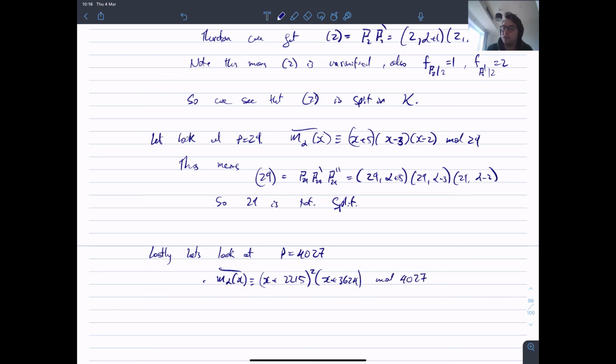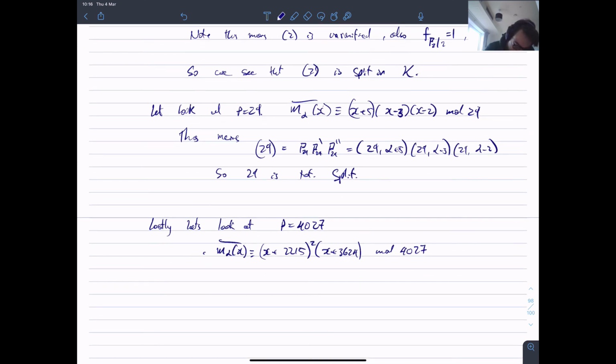So we get that the ideal 4027 factors with a number always at the start: 4027 and alpha plus 2215, squared, and 4027 and alpha plus 3624.